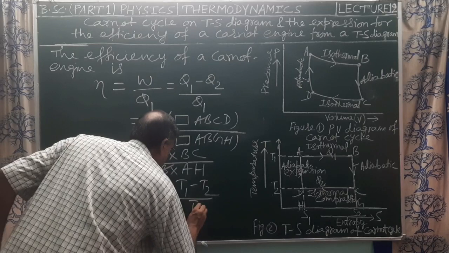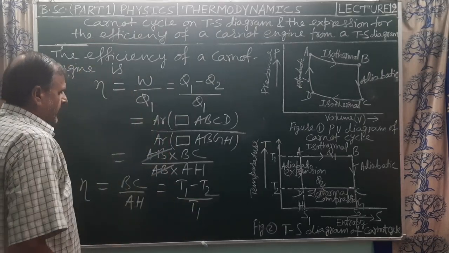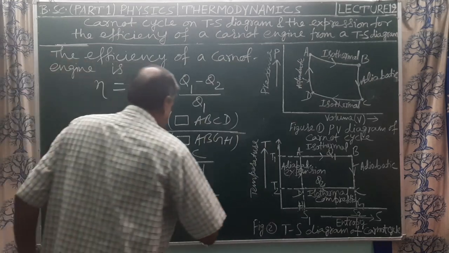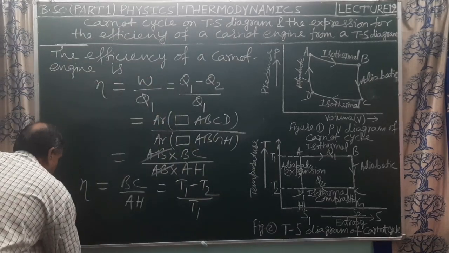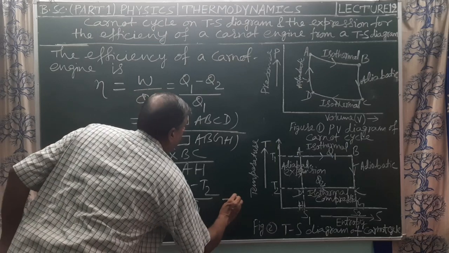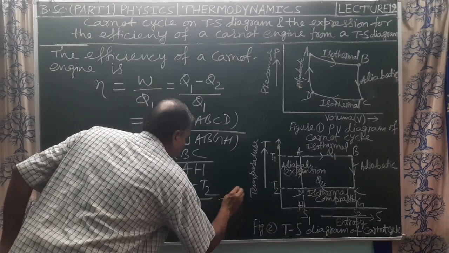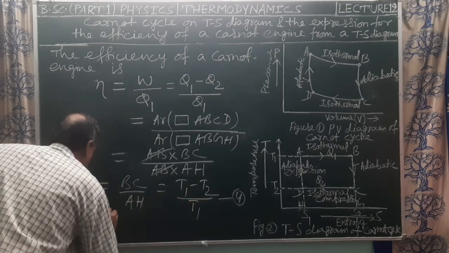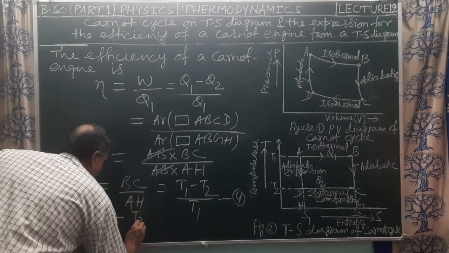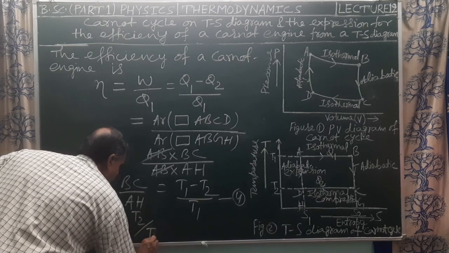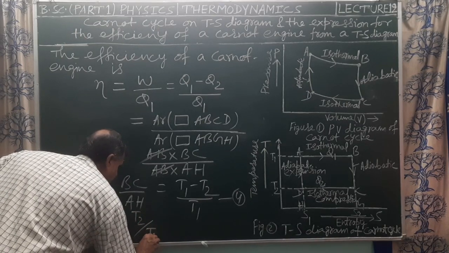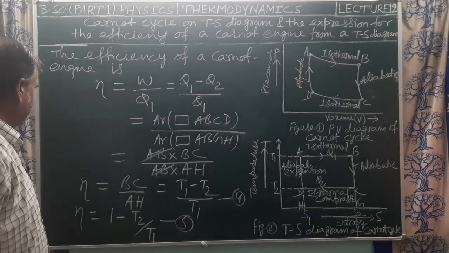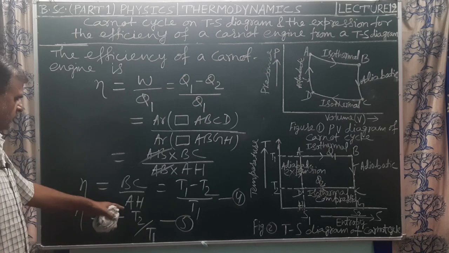So the efficiency of a Carnot engine is finally given by T1 minus T2 upon T1, equation number 4. We can also write it as eta equals T1 by T1 minus T2 by T1, that is, 1 minus T2 upon T1. And this is the final expression for the efficiency of a Carnot engine.